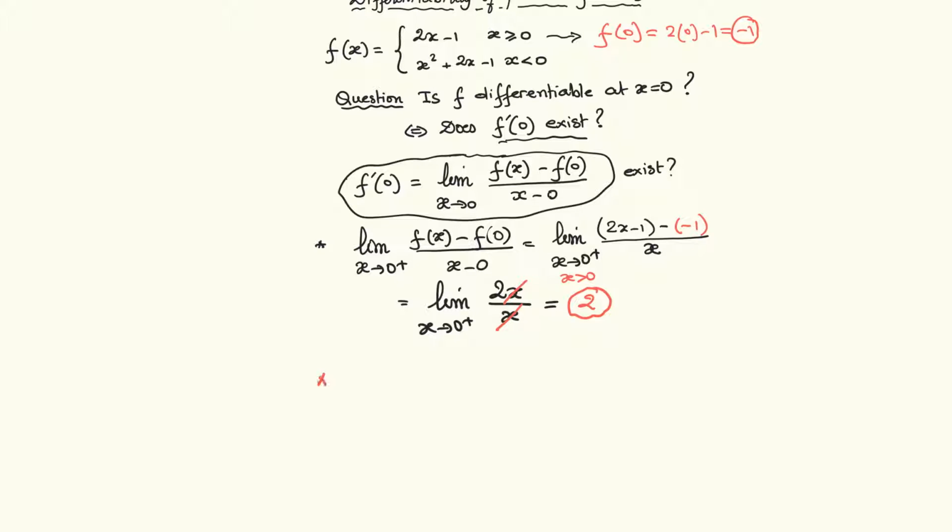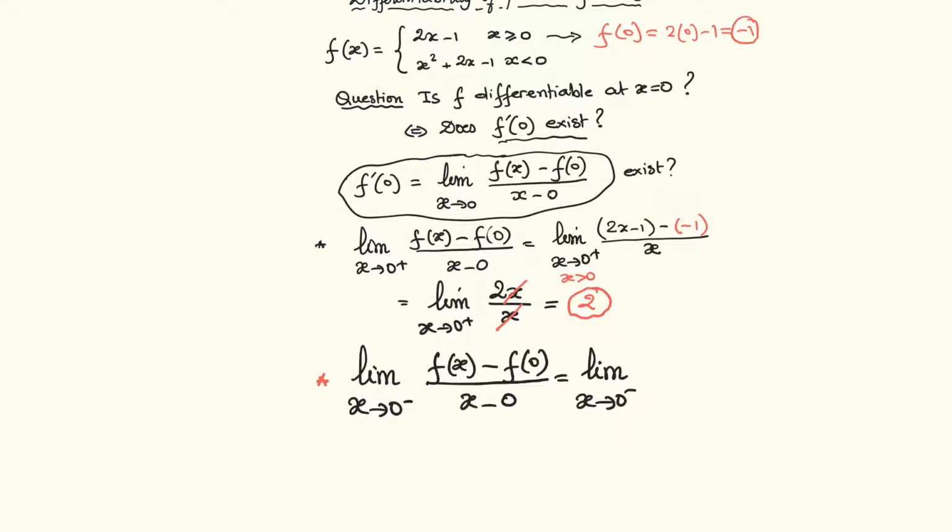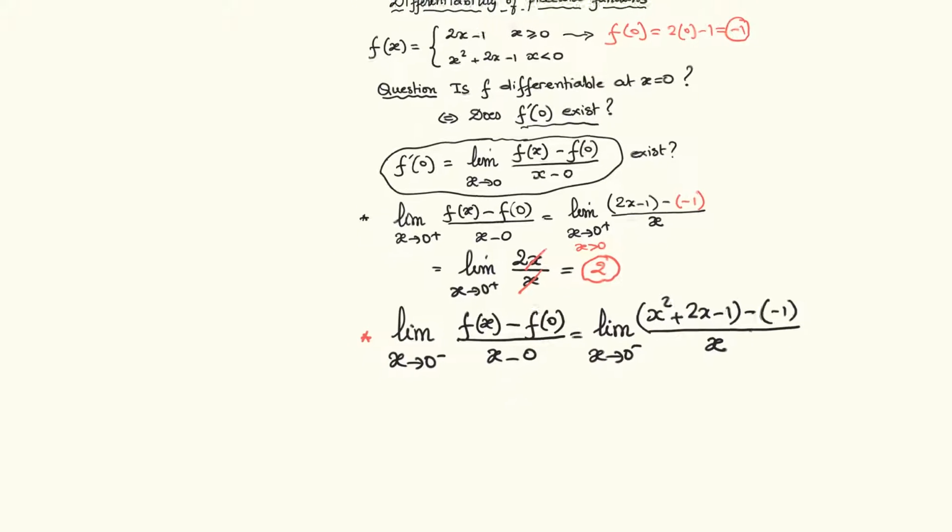Now we need to consider the limit from the left. Limit as x goes to 0 minus of f of x minus f of 0 over x minus 0. So it will be the limit as x goes to 0 minus, this time the function is x squared plus 2x minus 1, and then minus 1, f of 0 still minus 1, over the x.